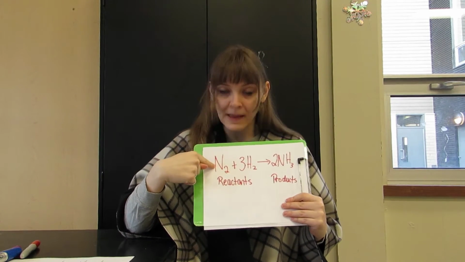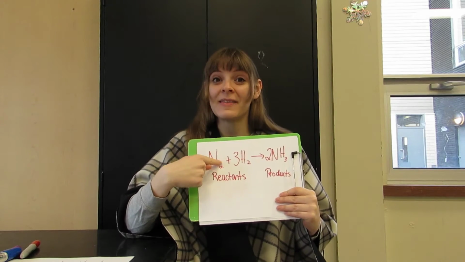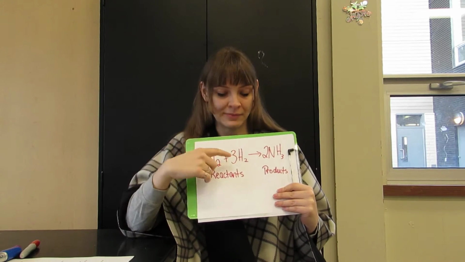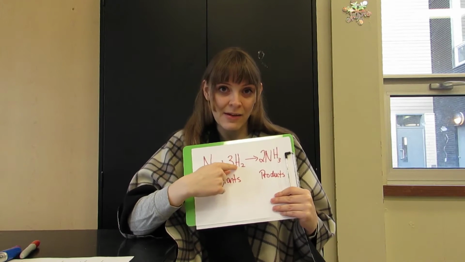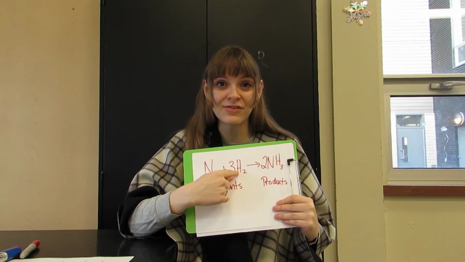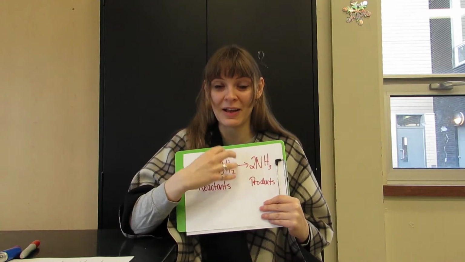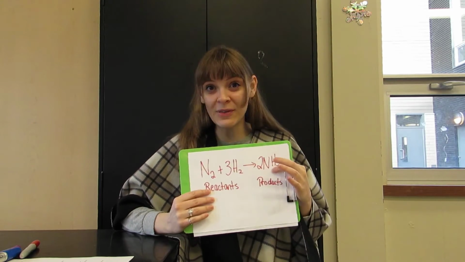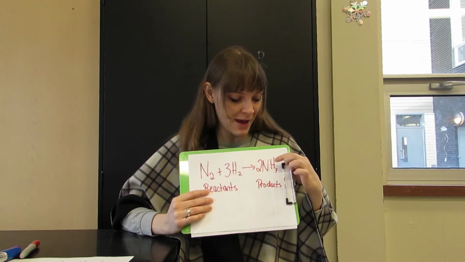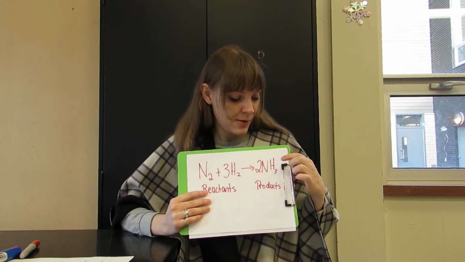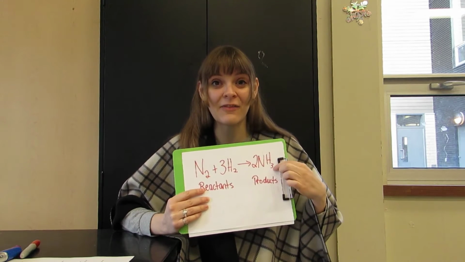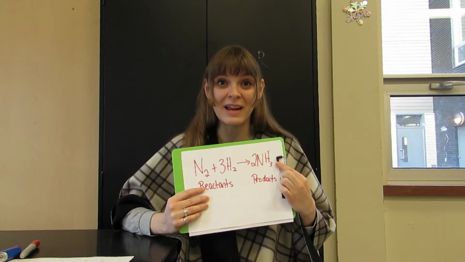So here, there's a little 2 next to the nitrogen. That means that we have 2 nitrogens in this molecule. Here, we have 2 hydrogens for every molecule that is there. And then if we look here, if there's no little number, we assume it's a 1. So we have 1 nitrogen here with 3 hydrogens right here. So this molecule itself has 1 nitrogen and 3 hydrogens.